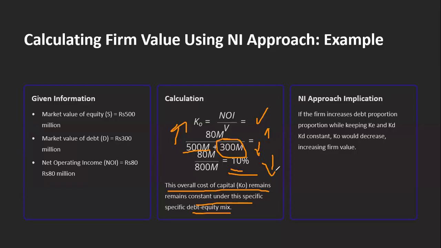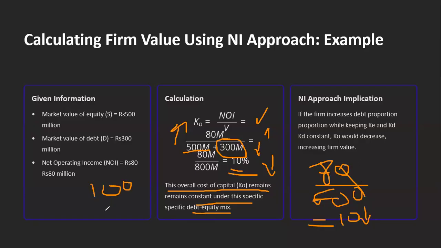For example, if furthermore I add 80 divided by 600, then proportionately the value which I get will be less than 10%. And if the value is less than 10%, then what I am achieving is that out of 100 rupees, I am repaying a lesser amount.